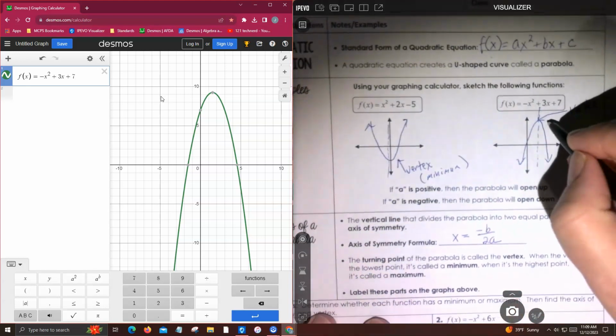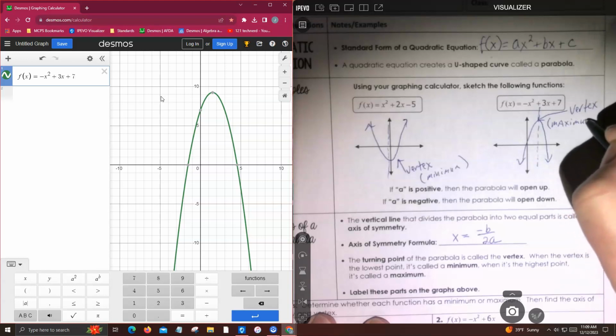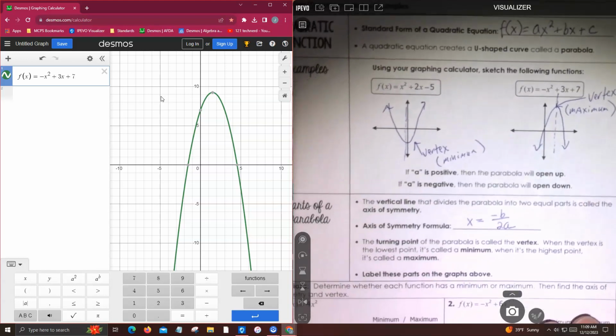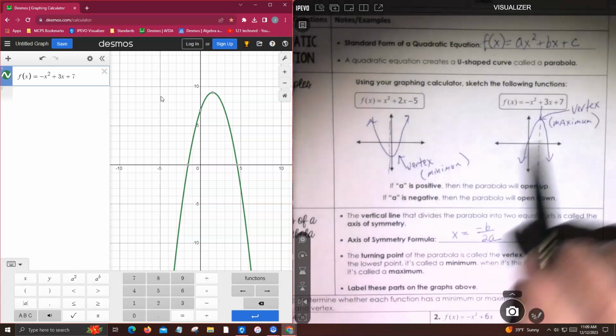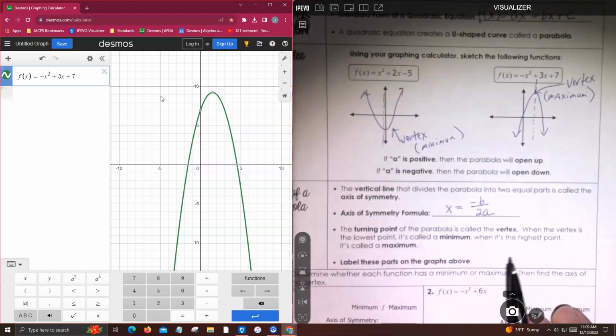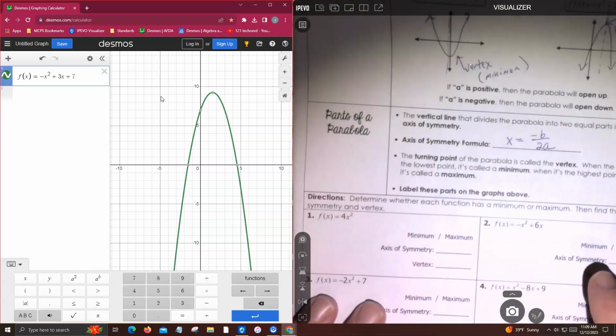This is the highest, so this would be considered your maximum. It's the same point, it's just whether it's a min or a max depending on the shape of the graph. It says label all the parts. We already did that, so we're good to go.